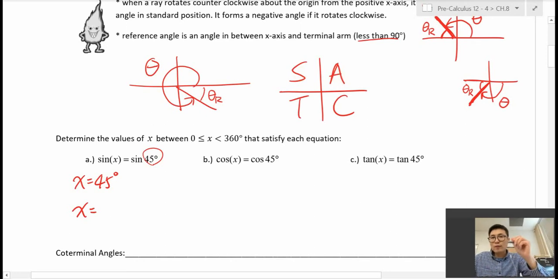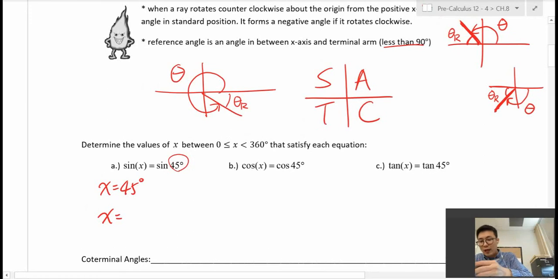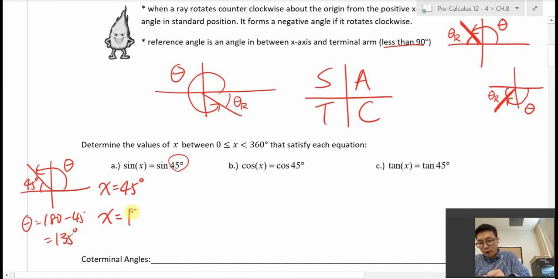So as long as we can find an angle in the second quadrant that has a reference angle of 45, then the sine will be the same as sine 45. If we look for an angle in the second quadrant with a reference angle of 45 degrees, which is this angle right here, that would also equal sine 45. To find theta, you go 180 minus 45, which is 135. So if x is 135 degrees, sine of 135 equals sine 45.